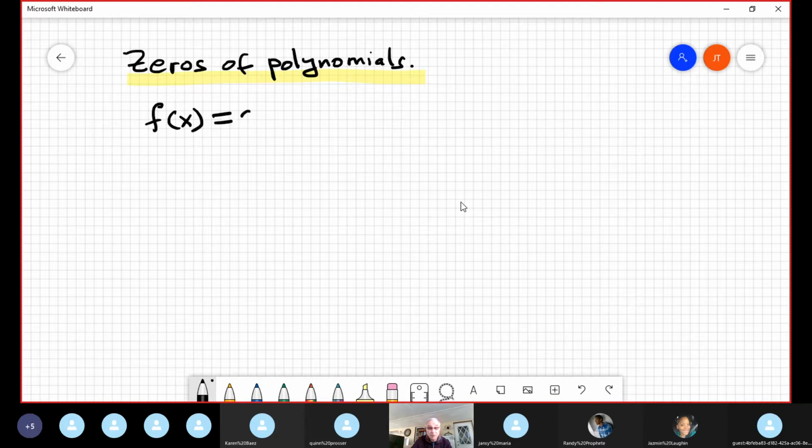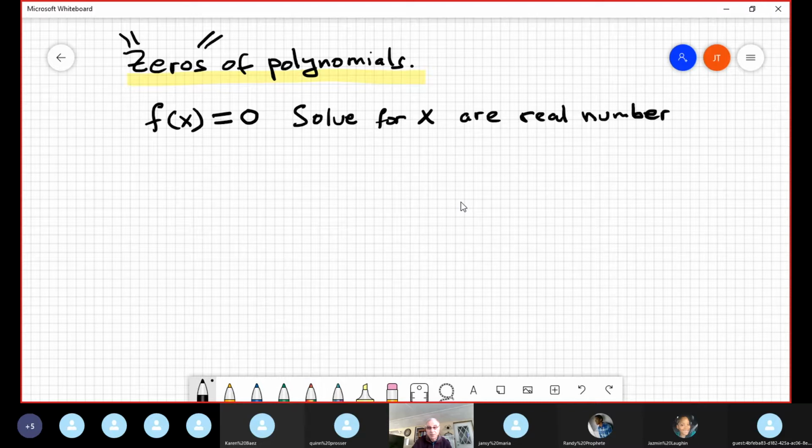When you put y equal to 0 and you solve this equation for x, you obtain the famous zeros. Okay, if these zeros are real numbers, that is the famous x-intercept.